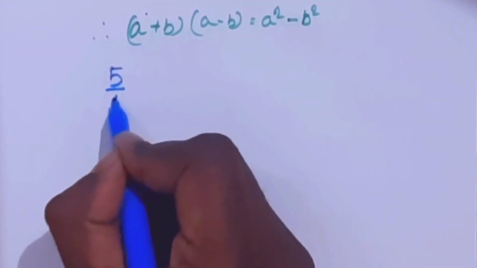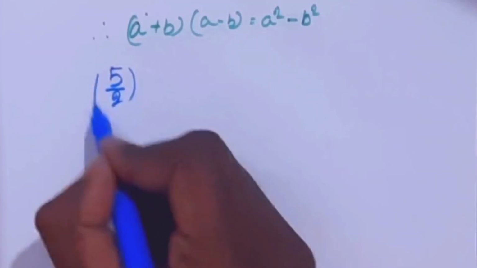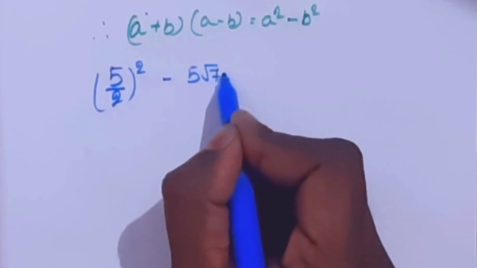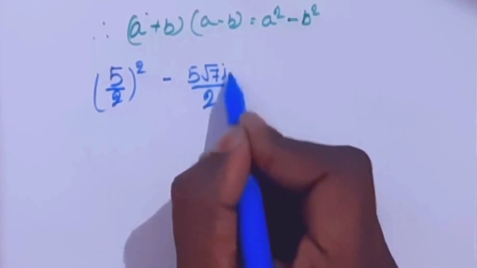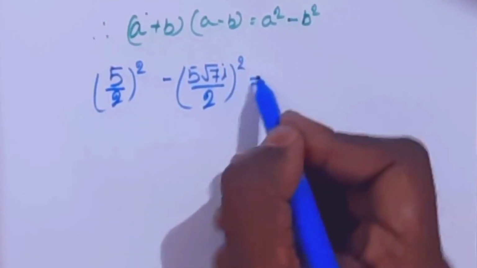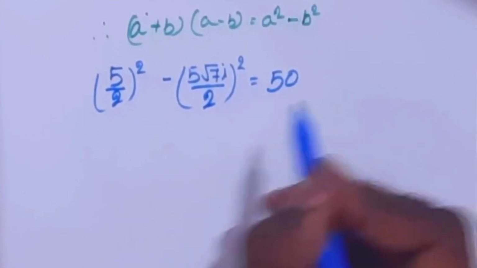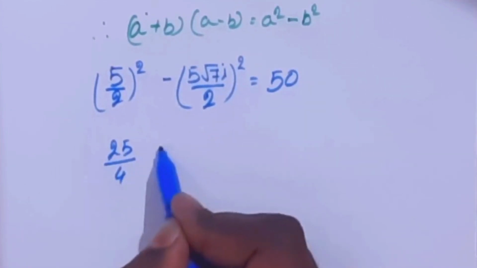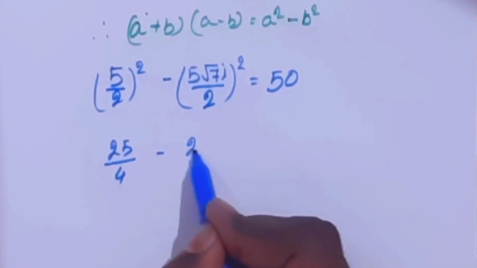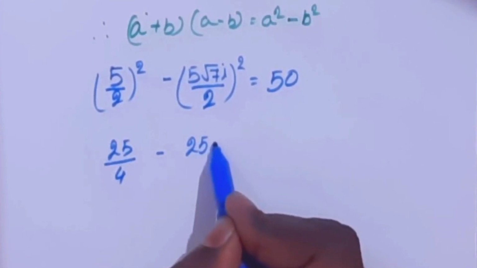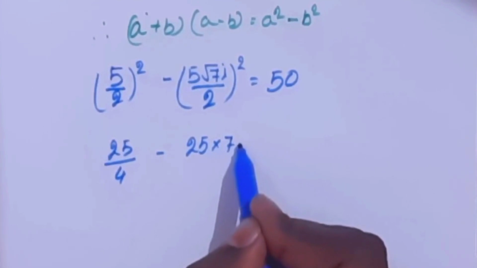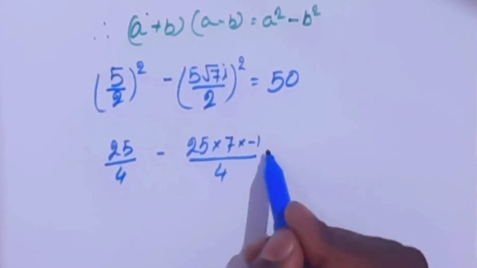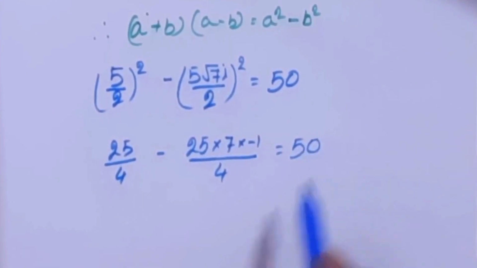So 5 by 2 whole square minus 5 square root of 7i by 2 whole square equal to 50. Now this is 25 by 4 minus 25 times 7 times i square, and i square is minus 1, by 4, equal to 50.